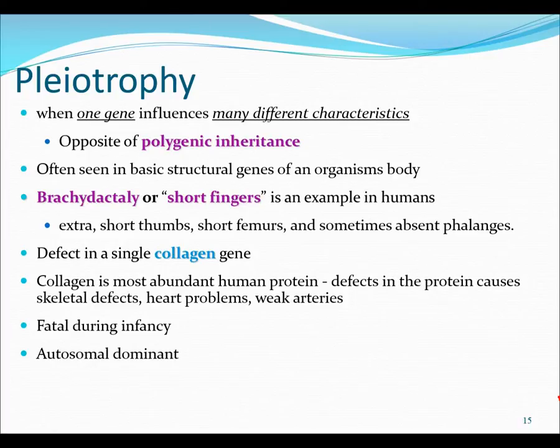So I could ask you on a test, for example, could two parents produce a child with an autosomal dominant disorder who would not have the disorder?